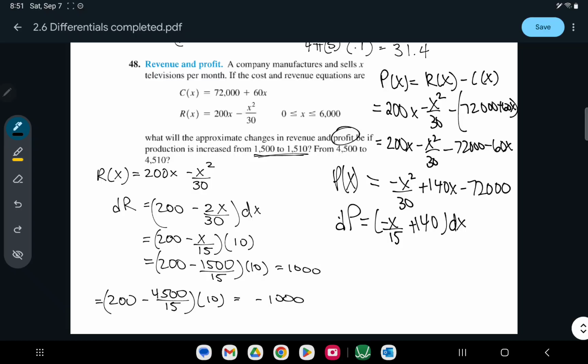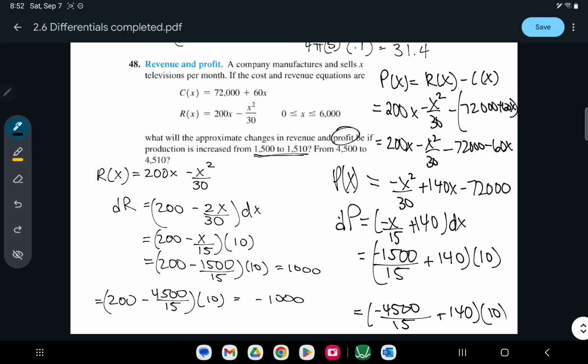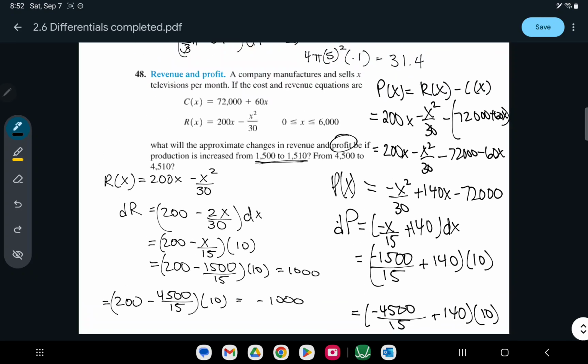And I can do both the 1,500: negative 1,500 over 15 plus 140 times the change, which is still 10. I'm going to write the other one down so I can just type them in at the same time: 4,500 over 15 plus 140 times that change of 10.